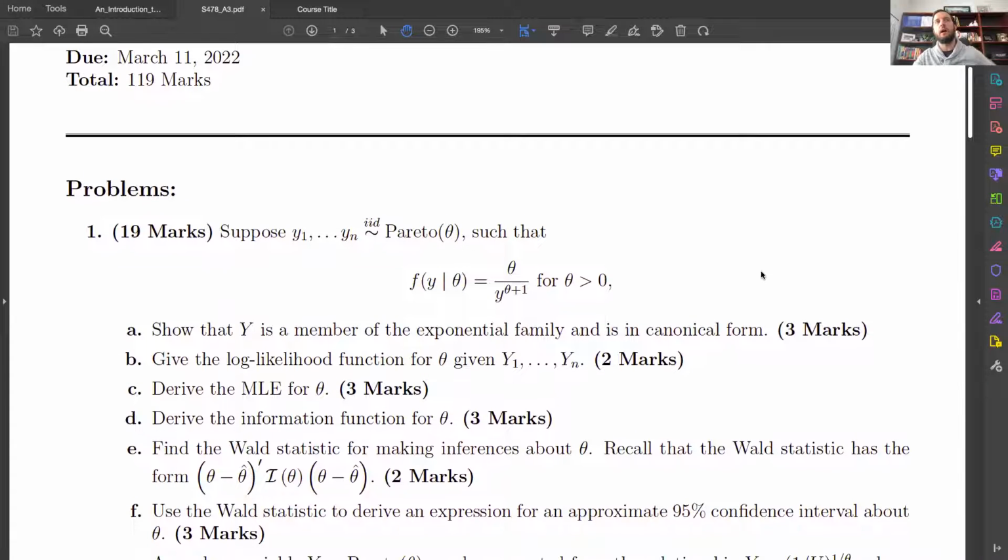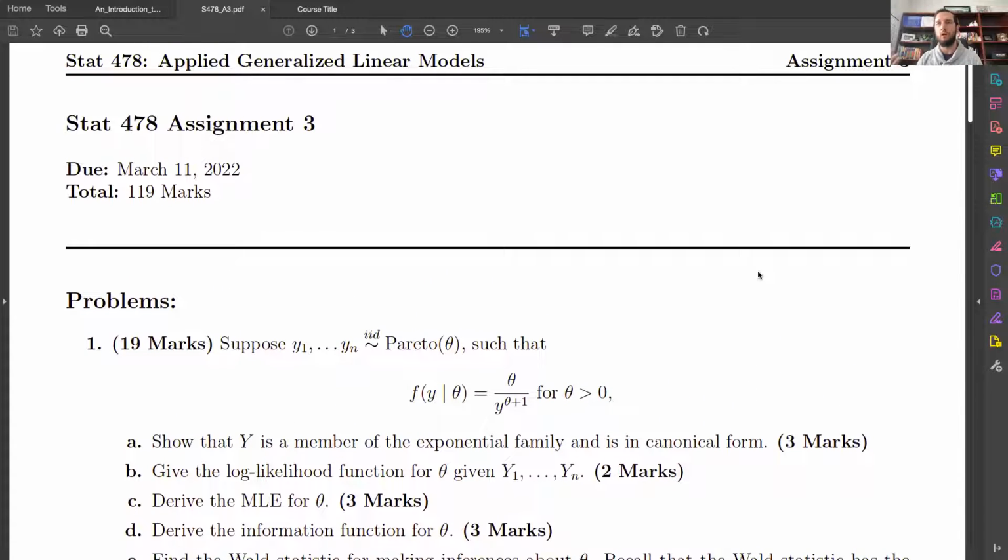As you'll see when I walk you through it here, what I've tried to do with this assignment is really emphasize the step-by-step process that I want you to take when you're using these models. So a lot of these questions are really small questions that are asking you to do 1 or 2 steps, but it's just to emphasize how you could go about actually working through or using these models in an analysis type setting.